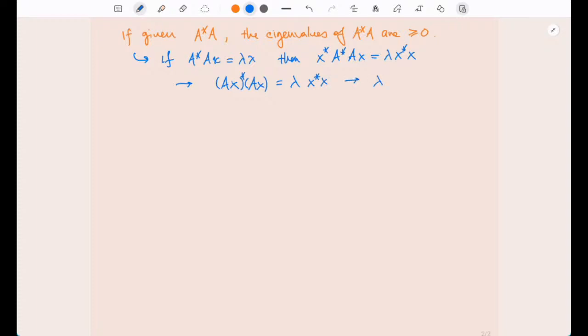So lambda is equal to basically the norm of Ax squared divided by the norm of x squared.